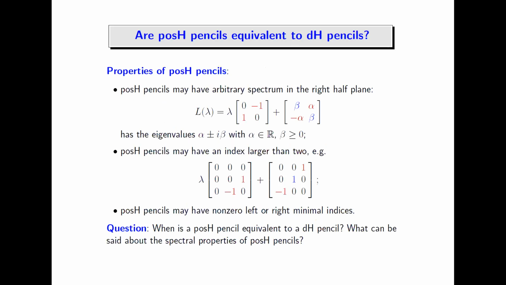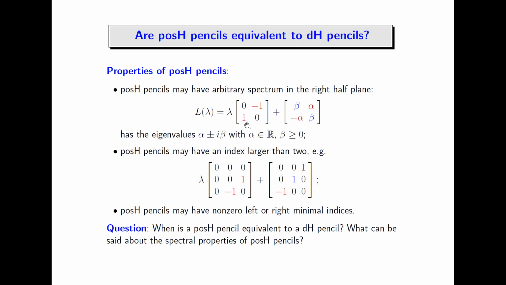So now let's see what can we say about posH pencils, and are they sometimes equivalent to DH pencils? Then we have to know something about the eigenvalues, of course. So first, the general observation: the pencil may actually have an arbitrary spectrum in the right half plane.